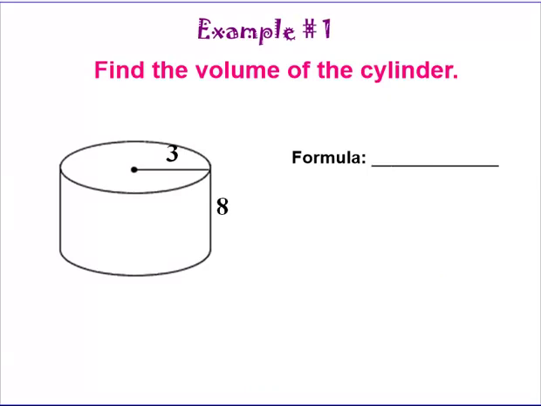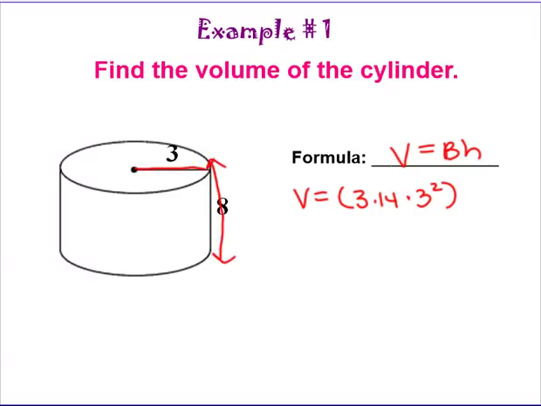All right, let's go ahead and start with our first example. So our formula is volume equals big B times H. So volume equals, let's look at the base. We have a radius of 3. So pi, which is 3.14, times 3 to the second power. And then the height of the prism is from one base to the other, and so that's going to be 8. So volume equals 3.14 times 3 to the second power, which is 9, and then times 8.